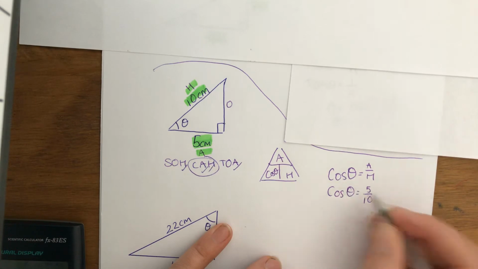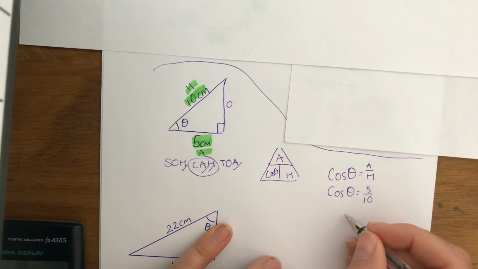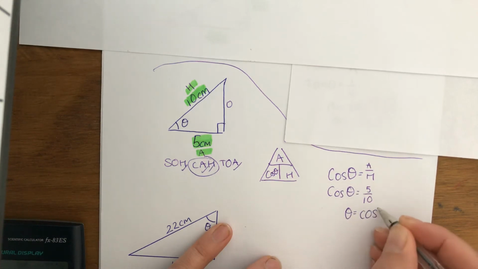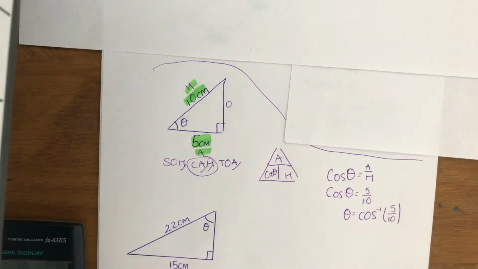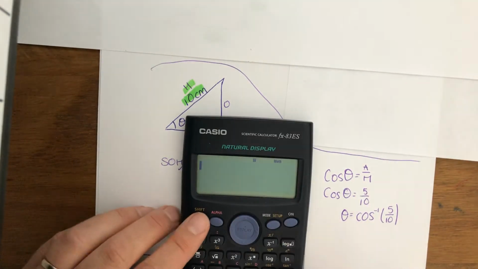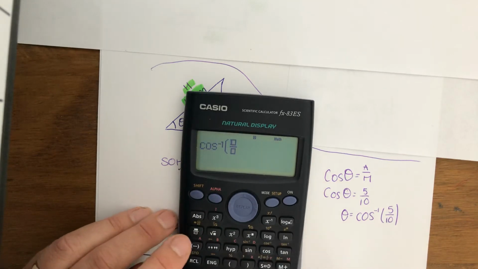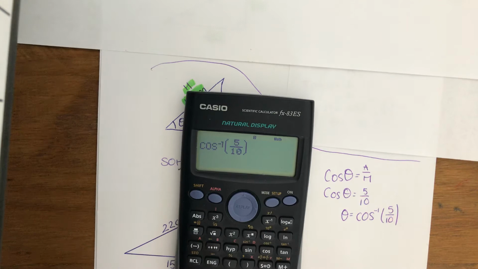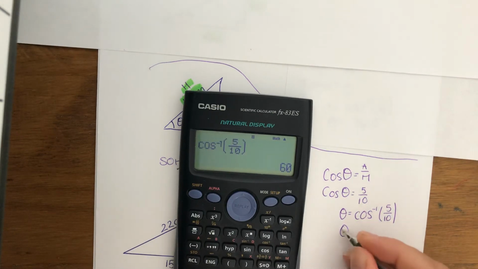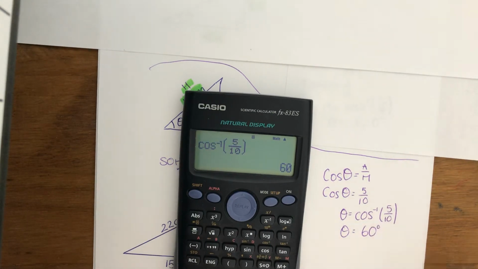You could simplify that if you want to, or just leave it as it is. So to undo the cos, to find the angle, we're doing cos to the -1 of 5/10. Inverse cos 5/10. You need to close the bracket afterwards. The angle is 60 degrees exactly.